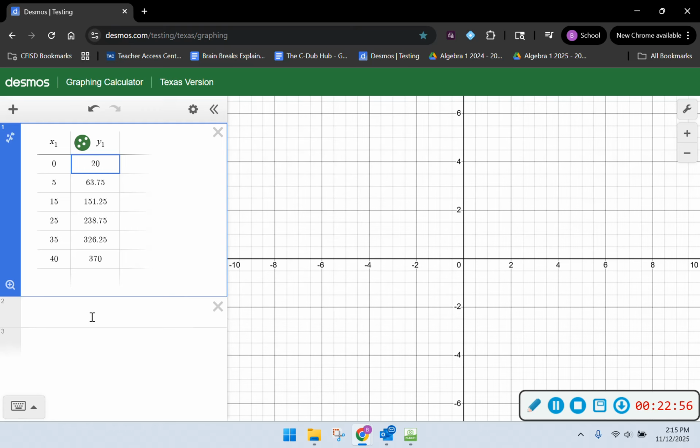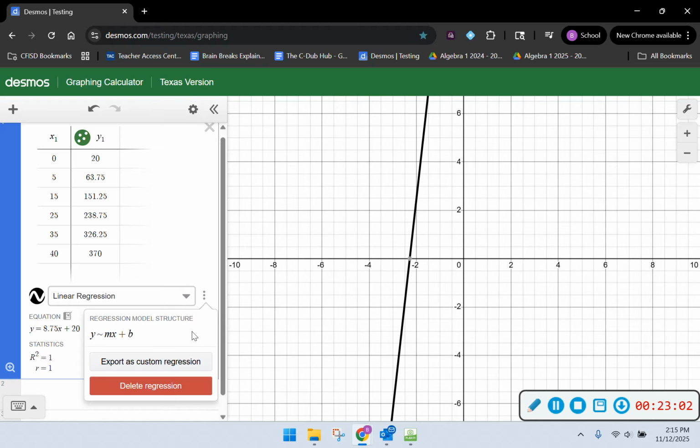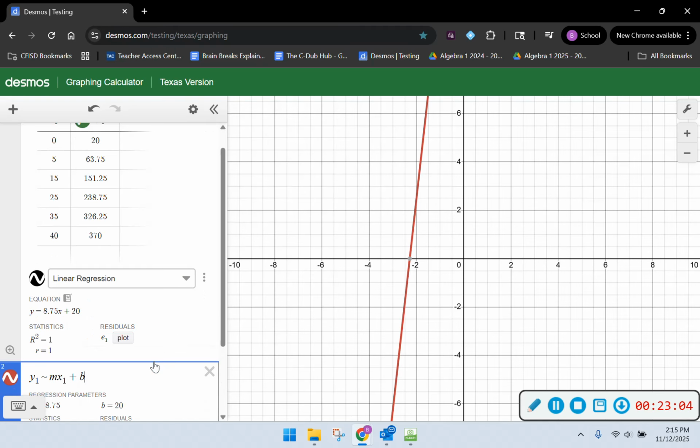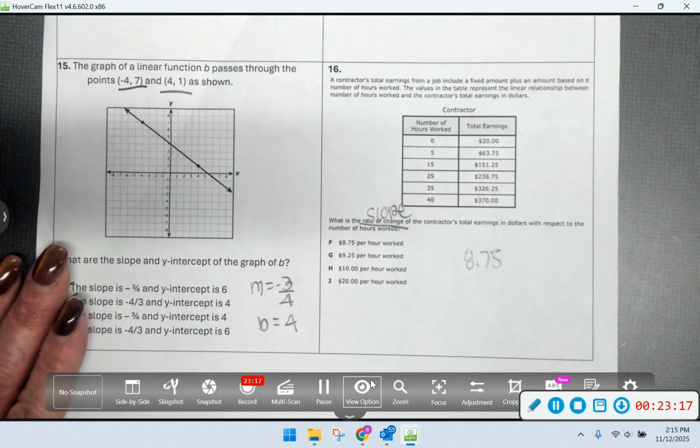All right. Now this time I'm going to do this button over here for linear regression, the 3 dots, and export as a whatever that said. Now I'm interested in my slope, which is my m. My m is going to be 8.75. And that answer choice is represented by F.